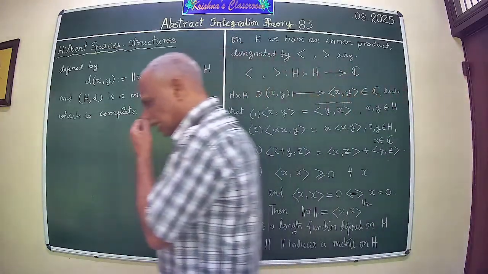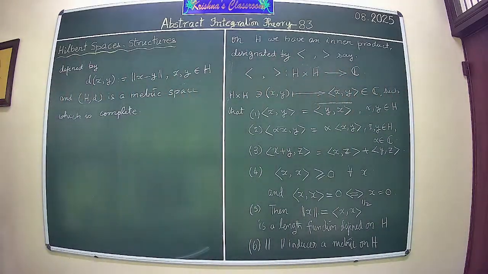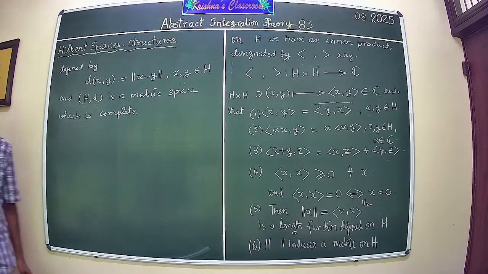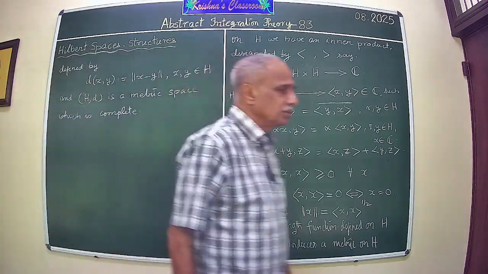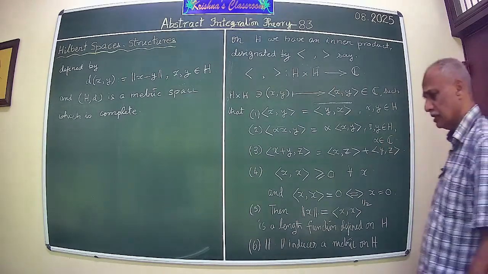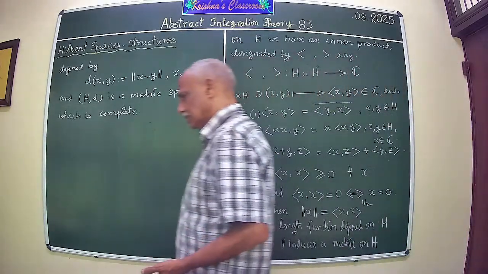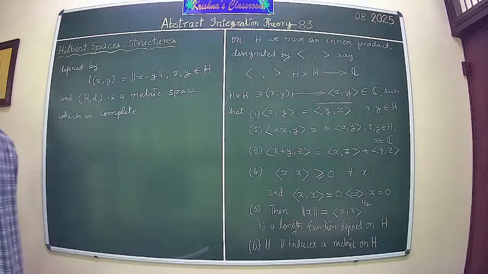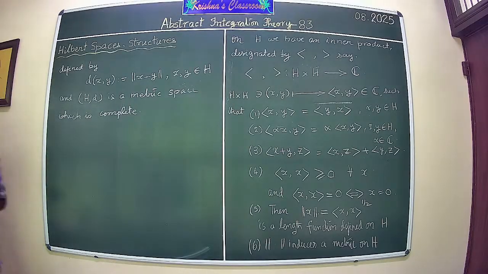For instance, C[0,1] I looked at is not complete, whereas L2(mu) is complete, or C^n over C with the usual metric is complete.